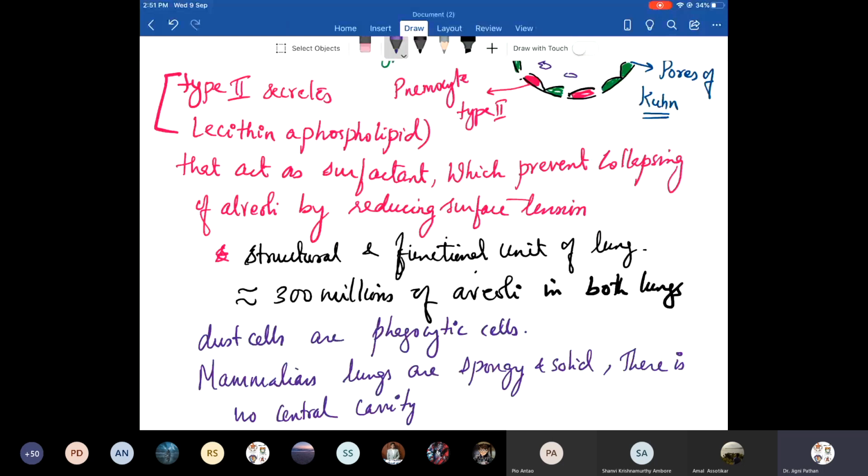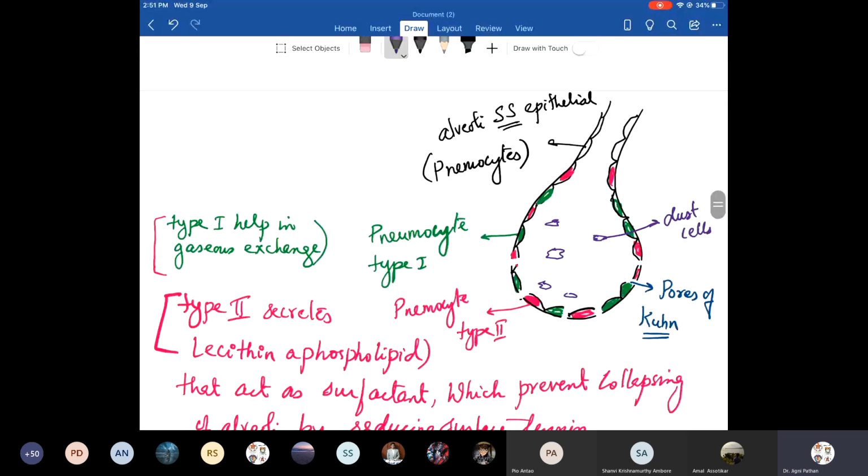So what did I say? Alveoli are the structural and functional unit of lungs. How many? 300 million alveoli in both the lungs. Alveoli are lined by simple squamous epithelial cells. What are these cells called? Pneumocytes. How many types? Type 1 and type 2.